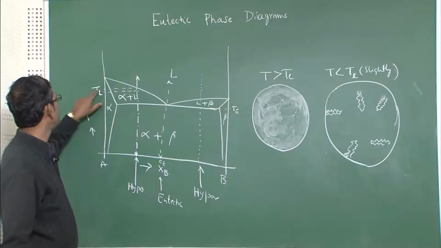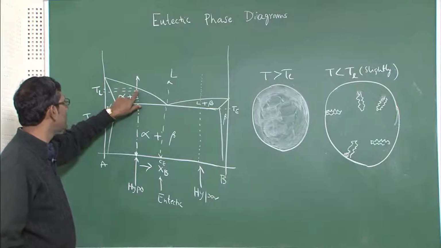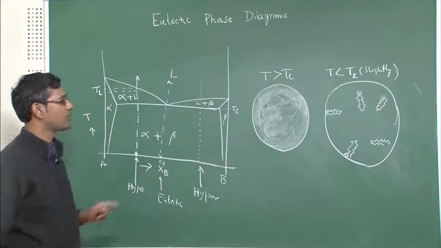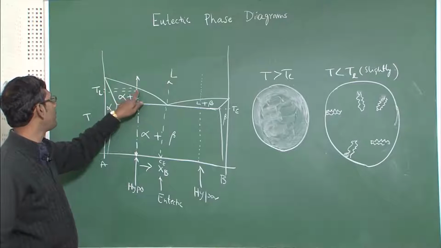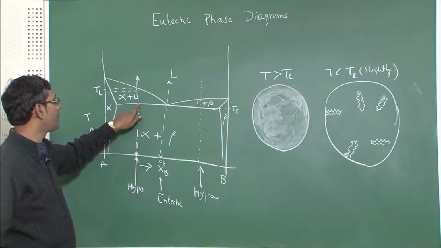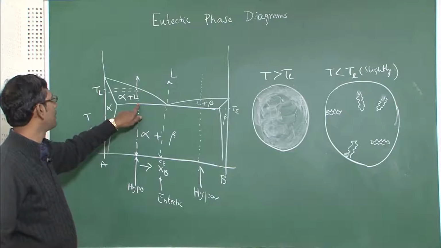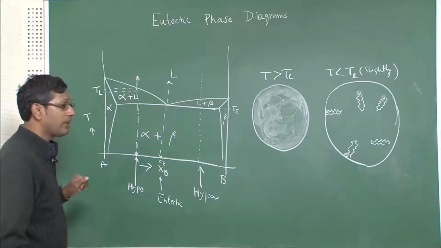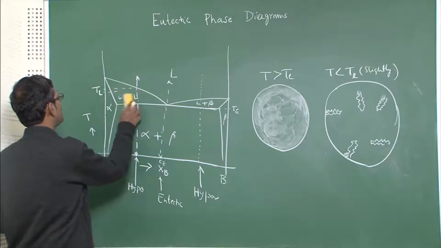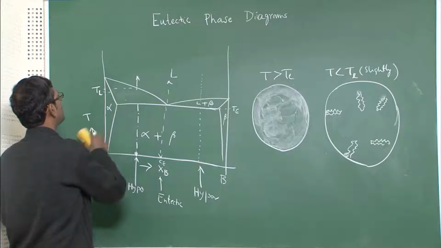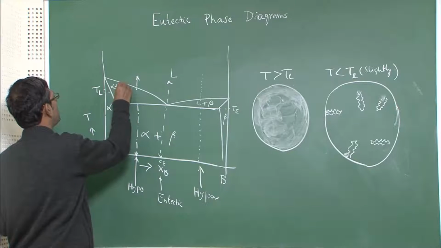So I was a little bit below the liquidus temperature, and this was the picture. Now this growth will continue from this temperature down to just above the eutectic temperature. But one thing I must tell you, let me just remove these things and tell you. This is my alpha plus liquid phase field.